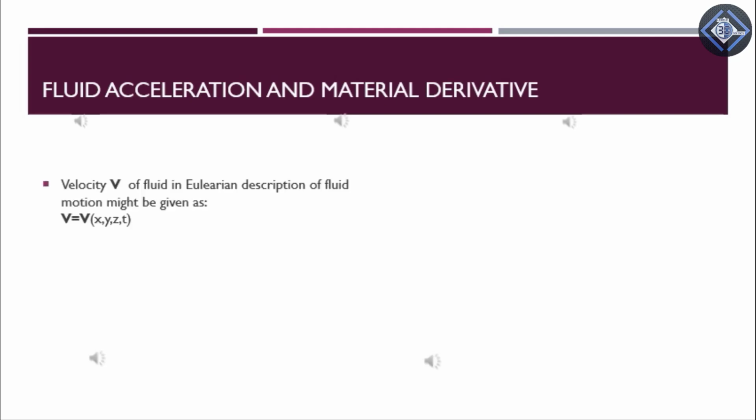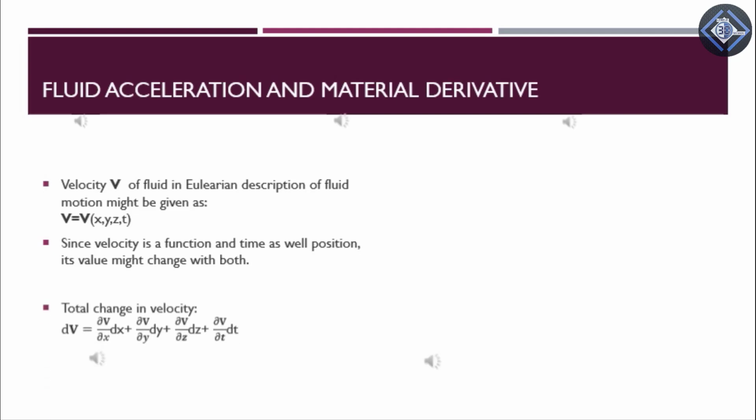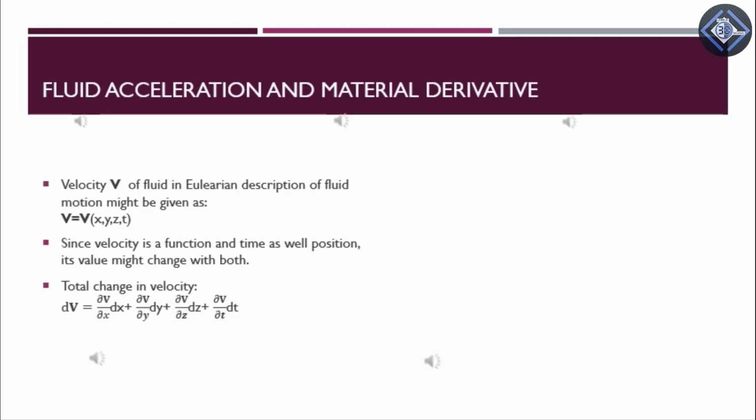Since velocity is a function of time as well as the position, we expect the velocity to change with position and time both. To this end, in order to calculate the total change in velocity, which we represent by dv, that might be a small change, but it is the change in velocity due to the change in position and the change in time as well.